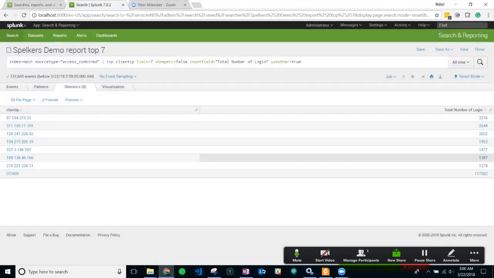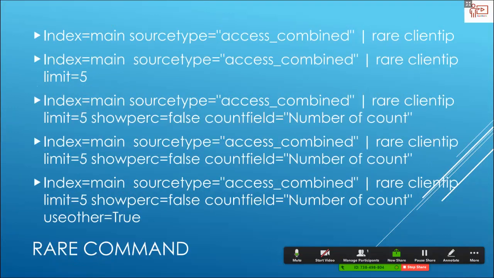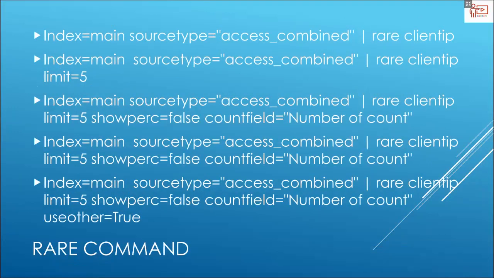Currently I do not want to see this dashboard, but now we are going to move to some other command, and that is the rare command. As I told you, whenever we use the top command, it will give me the top users or top states in which we are selling maximum, or top clients, or whatever is at the top.